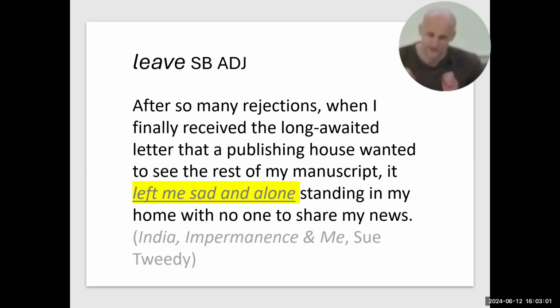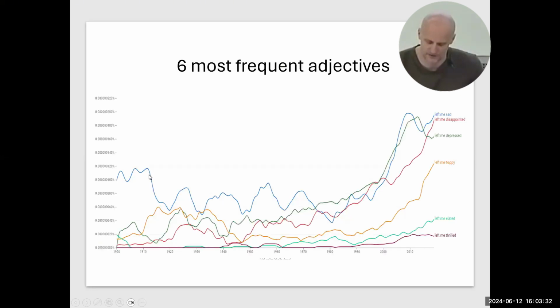But finally, there comes the day when the book is accepted, but this author has no one to share the good news with. And so look at the example here. So after so many rejections, when I finally received the long-awaited letter that a publishing house wanted to see the rest of my manuscript, it left me sad and alone, standing in my home with no one to share my news, okay? So this is the grammatical construction that I want to look at today.